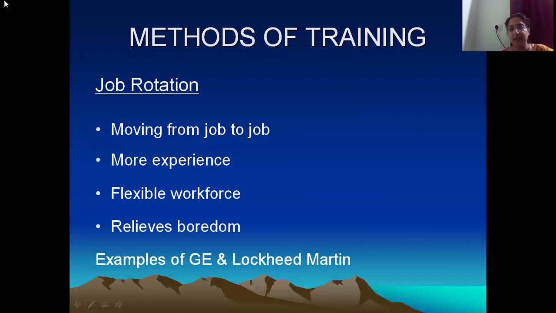Now have a look at this flexible workforce point, what I have given here. In the event of a few employees not reporting to work on a particular day, we always have extra hands to take care of a particular job. See, for example, painting.